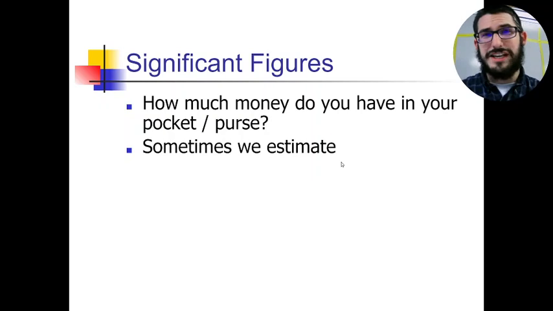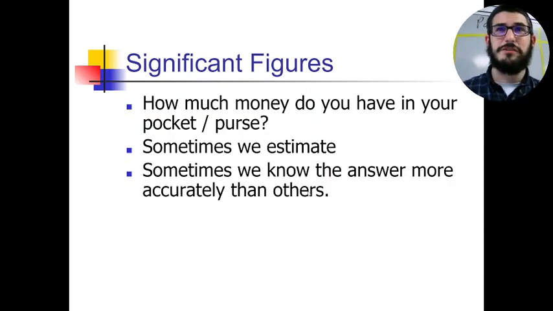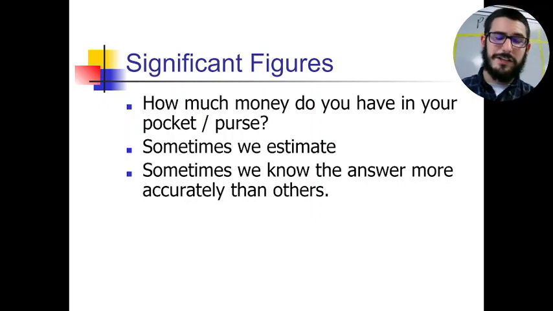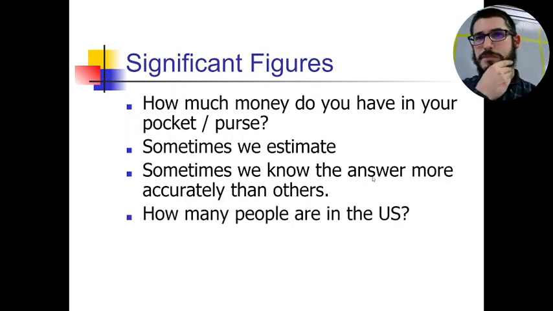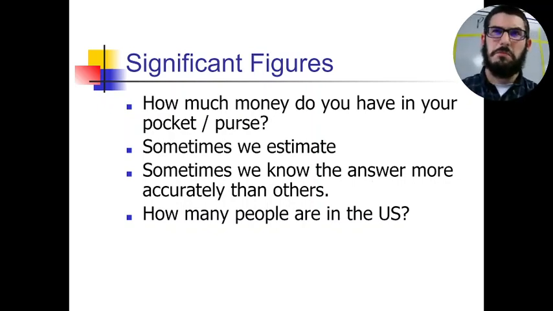So sometimes we estimate, and sometimes we know the answer more accurately. That's what significant digits allow us to do. So how many people are in the U.S.? Well, we've got a pretty difficult job there to be able to answer that question, because it's hard to know exactly how many people, because you can't go and actually count one by one every person.